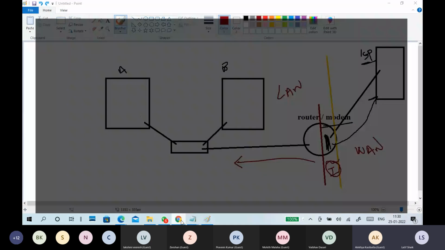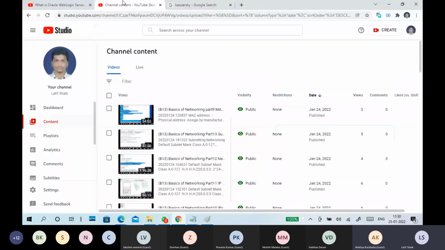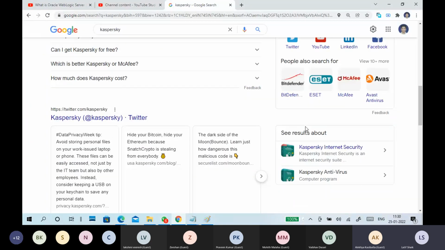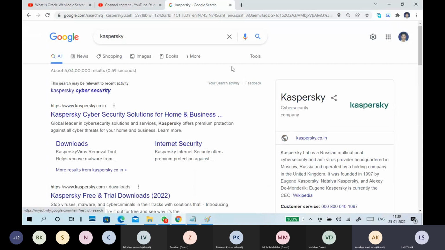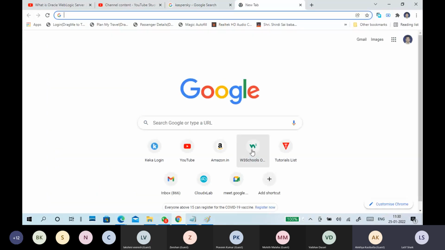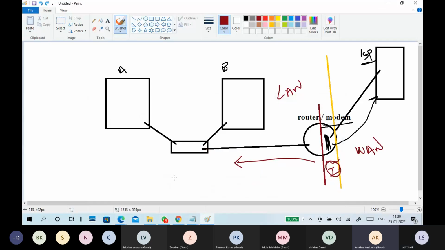I'm accessing websites like this, like this, like this: Kaspersky, google.com, gmail.com, amazon.com. That means I am connected to the internet. That is the internet part.